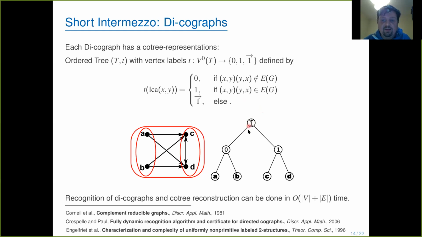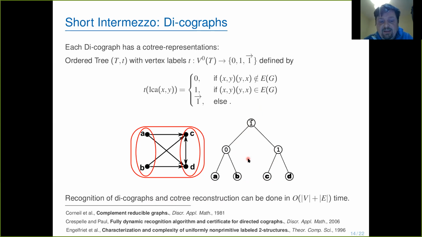And this arrow 1 indicates that the last common ancestor is an arrow 1 if all the vertices from here point to all the vertices to here. This is simply the tree structure, or the definition of the cotree of a given directed cograph. And so the recognition of Dico graphs and the construction of this cotree can be done in linear time.